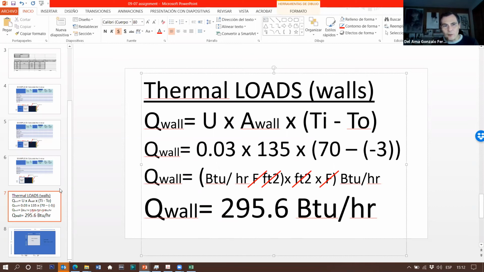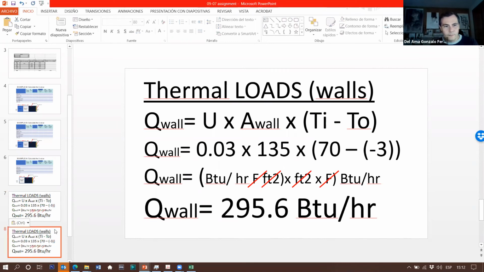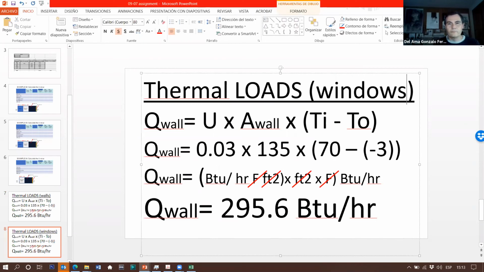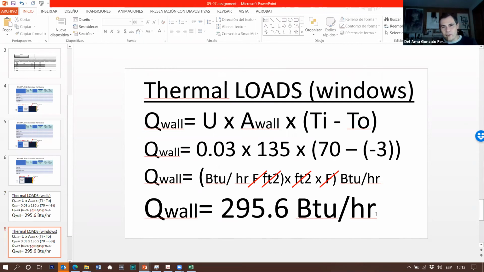And now we have to calculate thermal loads in windows. Okay, so the formula is the same.